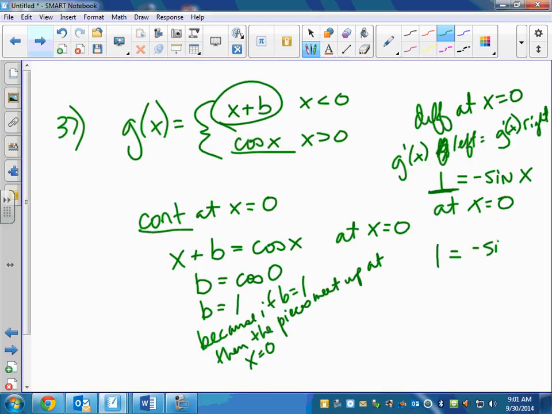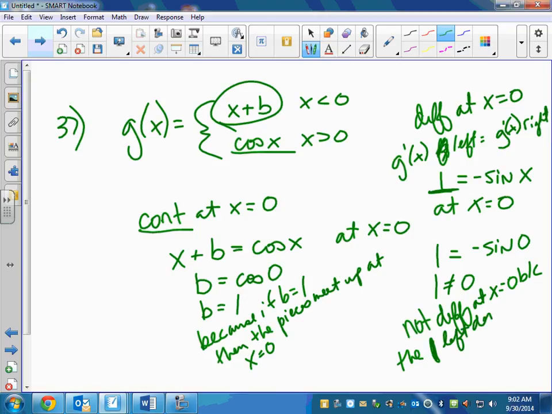If I plug 0 in here, does 1 equal the slope on the other side of negative sine of 0? And I get that that's not true. So give a reason for your answer. Not differentiable at x equals 0 because the left derivative does not equal the derivative coming from the right.